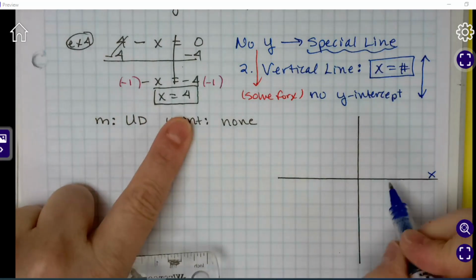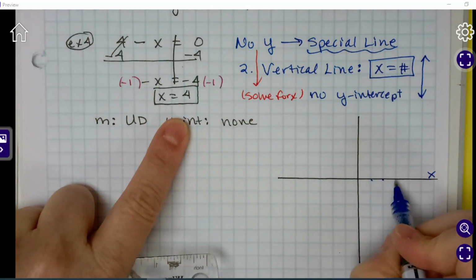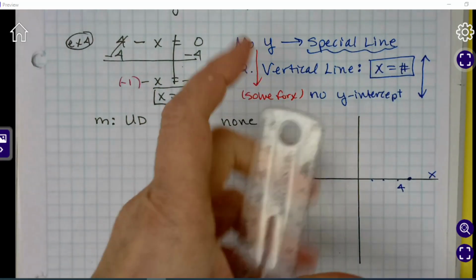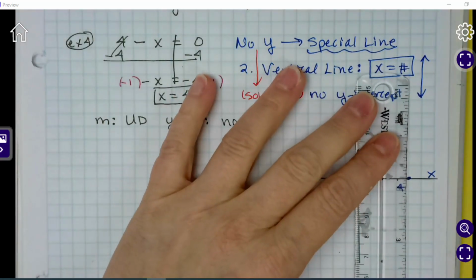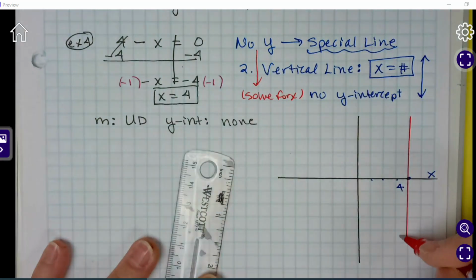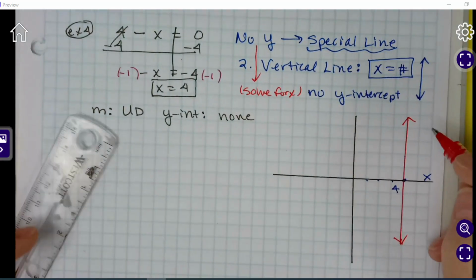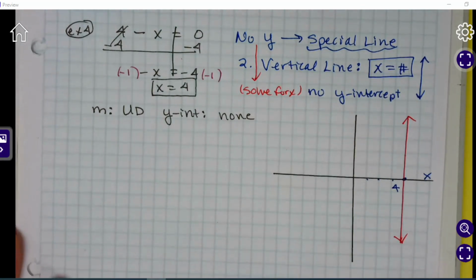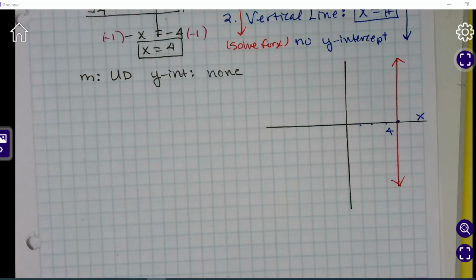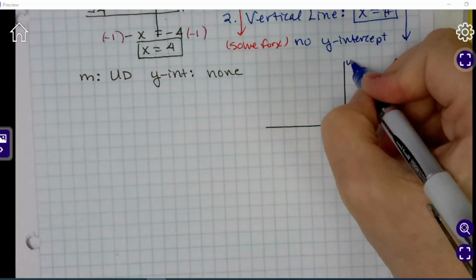The number tells you where, at 4. 1, 2, 3, 4. So you're going to draw a vertical line that crosses the x-axis at 4. There you go. And that's why you can see it's not going to have a y-intercept, because it's vertical.